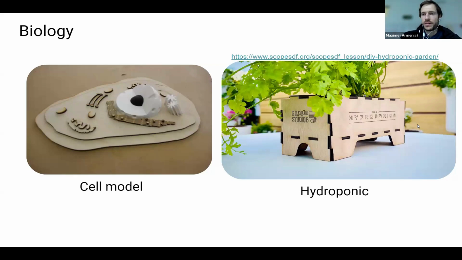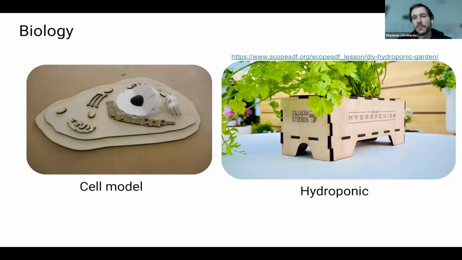With biology, you can create models. This cell model was created by Susanna, who is also taking this class. It's not pure laser cut, there is also a bit of 3D printing, but you will see this in a bit, so you'll be able to make the whole cell soon.